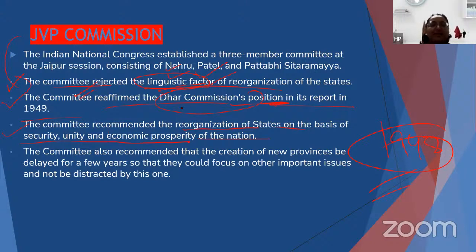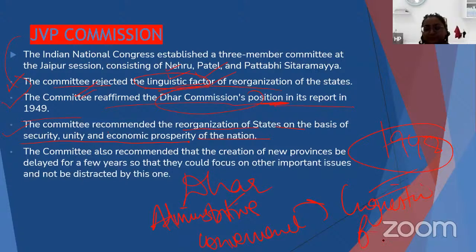Now what did the Dhar Commission say here? What should it be? Administrative convenience should be the basis, rather than the linguistic basis. But the JVP committee supported this, and it also rejected the linguistic basis factor, and it recommended that if you are reorganizing the states, the basis should be the security, unity and economic prosperity of the nation.